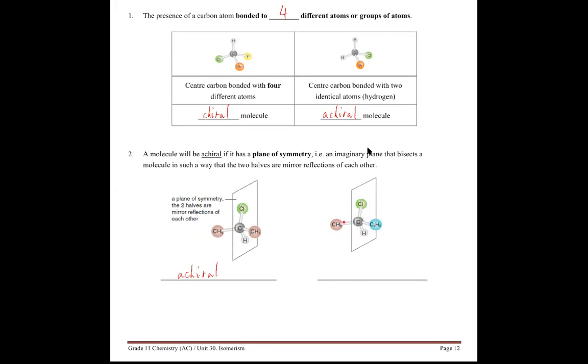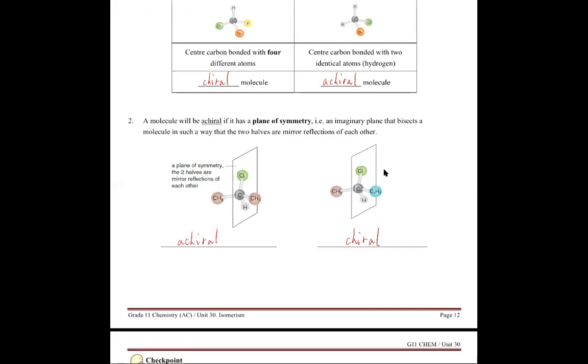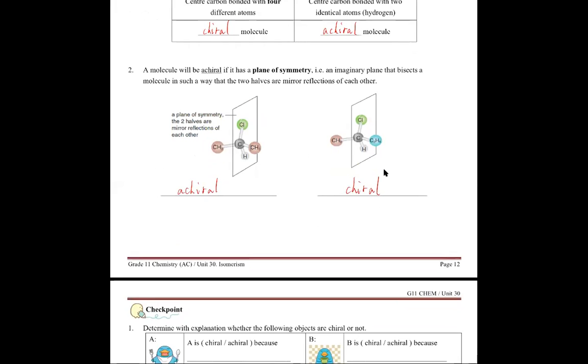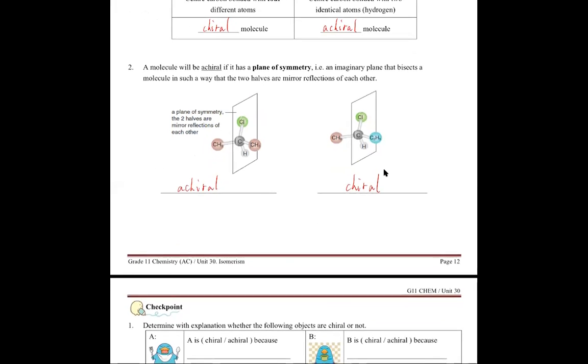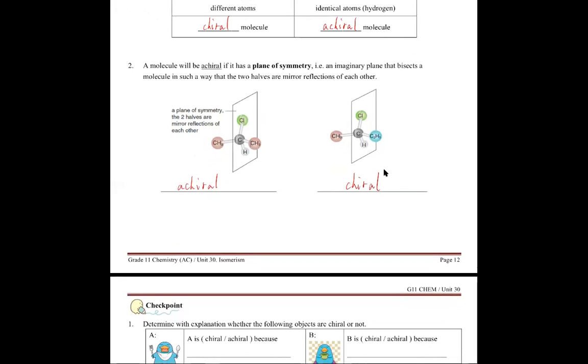It has a methyl group, a chlorine, a hydrogen, and an ethyl group attached to it. So with 4 different groups, there is no plane of symmetry in this molecule. Hence, this molecule is said to be chiral. So that's how we find out which one is chiral and which one is achiral.